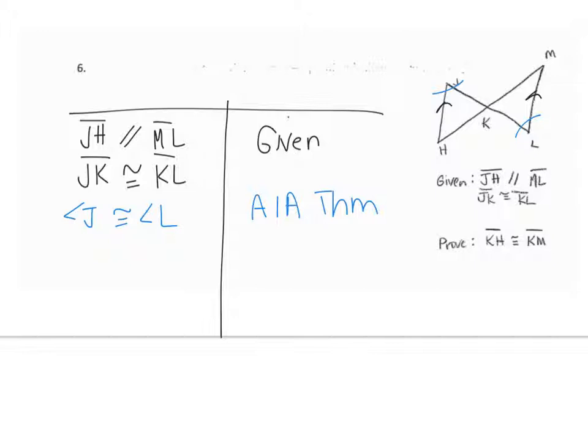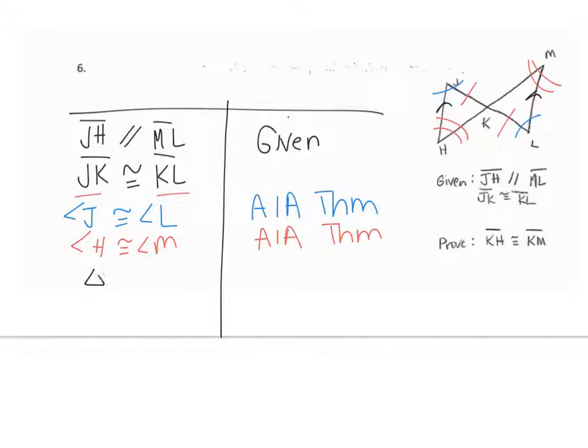I can also say that angle H is congruent to angle M for the same reasons. And we already know that JK is congruent to KL by given. I could do vertical angles too, but I already have enough information.